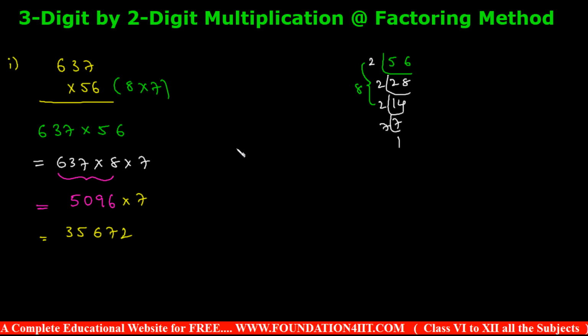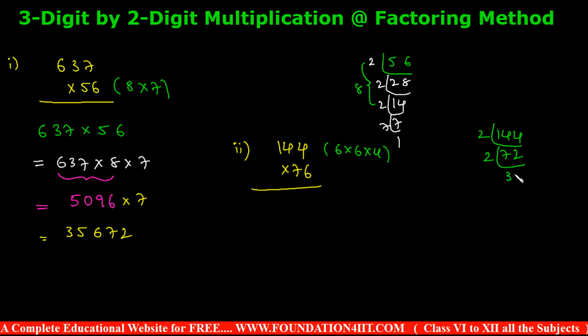Let me show one more example. Let's take 144 into 76. To multiply this, not only 76, you can also take 144 as a product of numbers. Here I am taking 144 as 6 into 6 into 4. It is a 3-digit number, you can just apply the prime factorization concept, right? 144, now you can just guess this. 72, again 2, 36, 2 18s, 2 9s, again 3 3s, 3 1s.